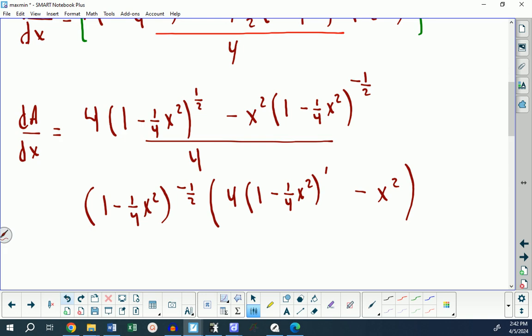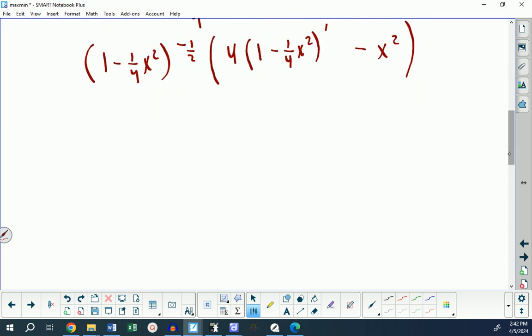Okay? So if I just solve this, I have 4 minus x squared minus x squared. I'm expanding this out. 4 times 1 is 4. 4 times 1/4 x squared is x squared, and I'm subtracting.